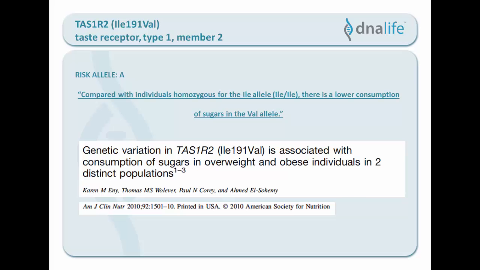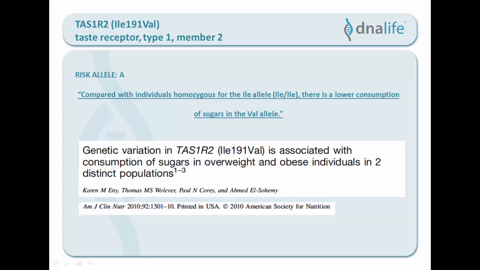So moving on to this first gene that we've been speaking about, that is involved in taste, is the TAS1R2 gene, the taste receptor type 1, member 2. Here, the risk allele is the A allele.